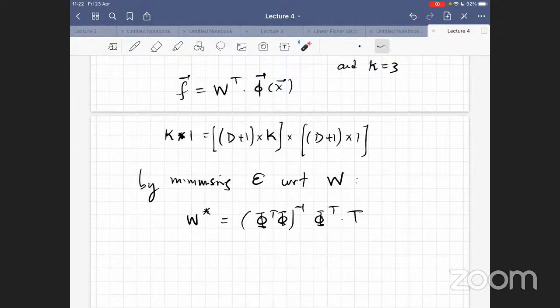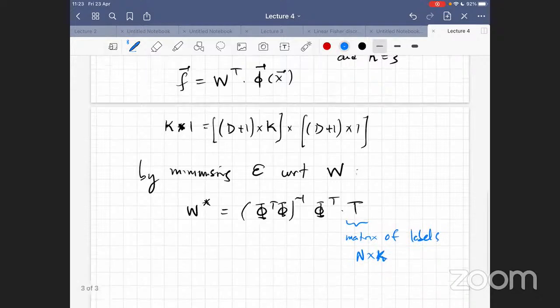Let's say I have pre-parameterized my classification data set so that, instead of one output for a given point, which is 2, 3, depending on the class, for every point I have k components, and all these labels are included here. So this is a matrix of labels. So this matrix is n by k.